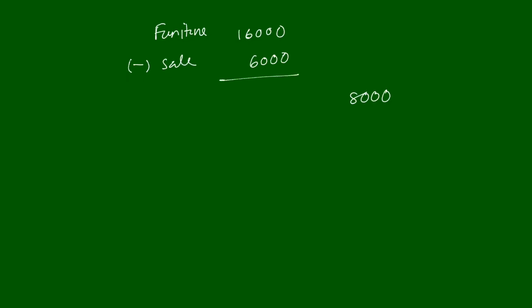So obviously if you deduct, that is 10,000. If it is a closing balance, that 8,000, so obviously this 8,000 and 10,000 is your book value. The depreciation is there, the 2,000. That's why that 8,000 comes.